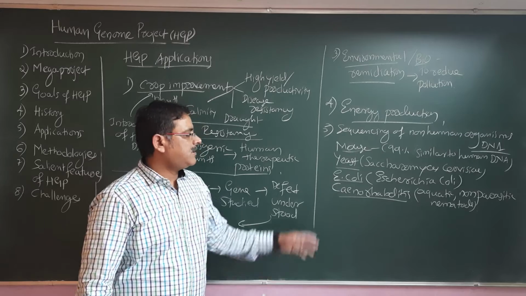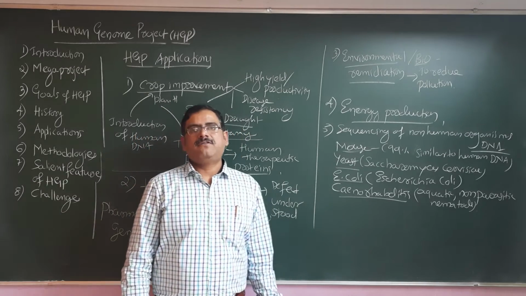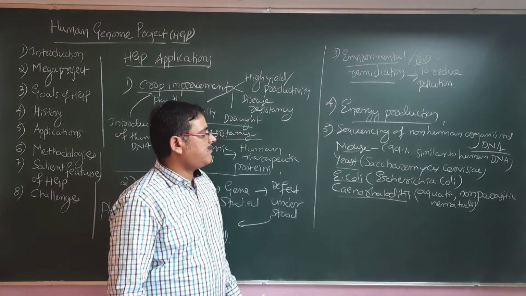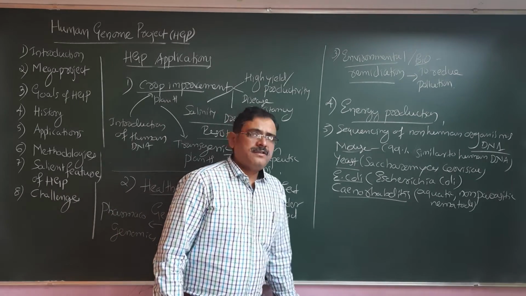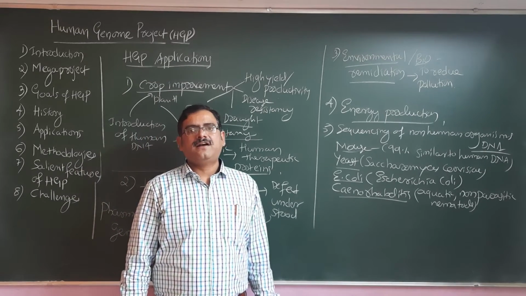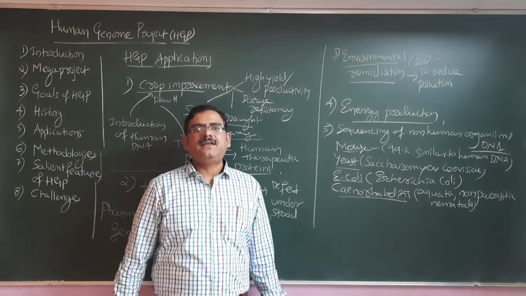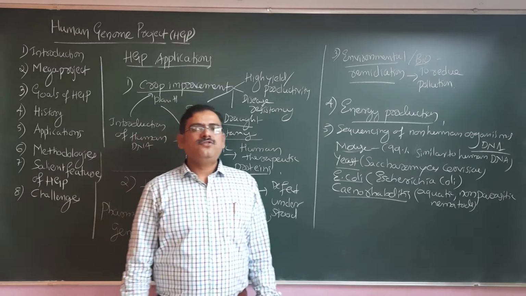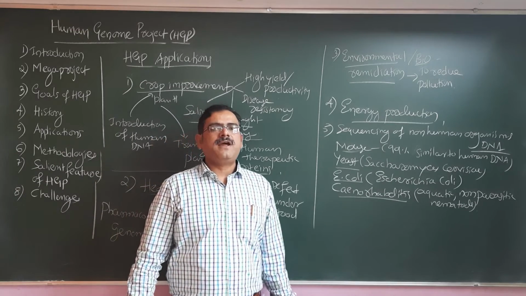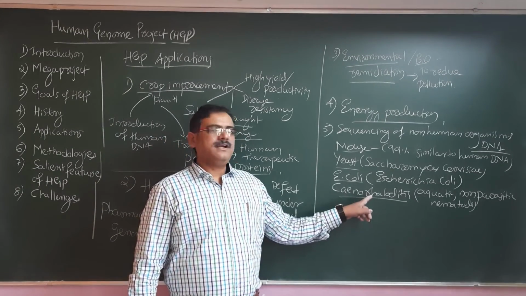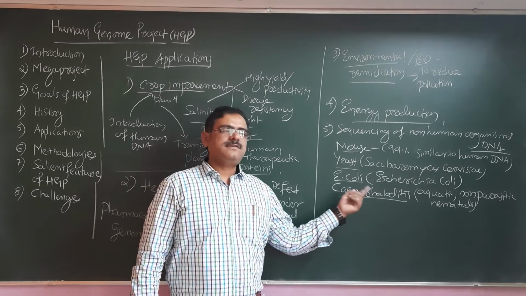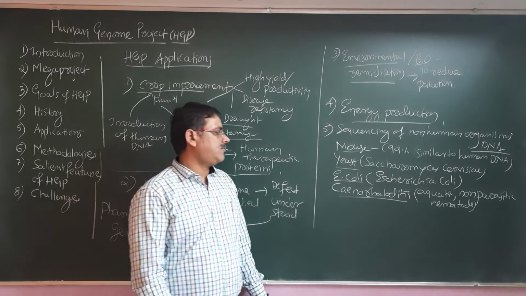It is the organism useful in the study of developmental stages. And then one more nematode you might have studied, Meloidogyne incognita, which mainly causes tumors in the roots of tobacco. There are a number of examples of nematodes, but one is the non-parasitic nematode Caenorhabditis. At the time of HGP, they did the sequencing study of this organism also.